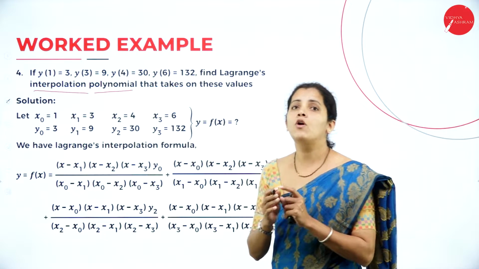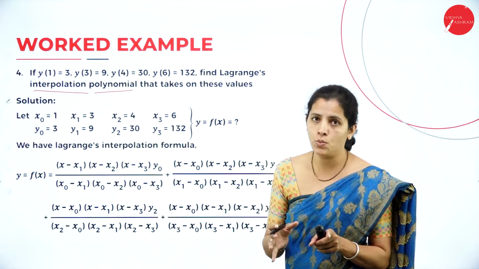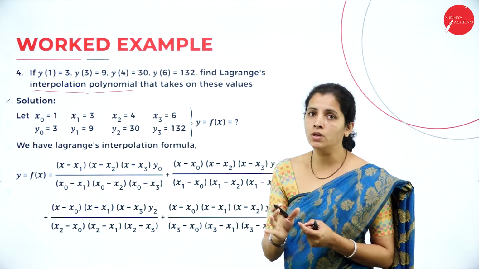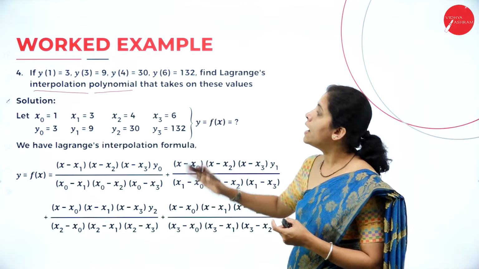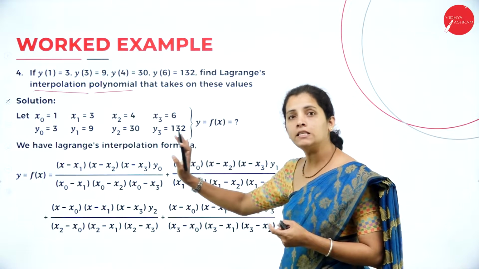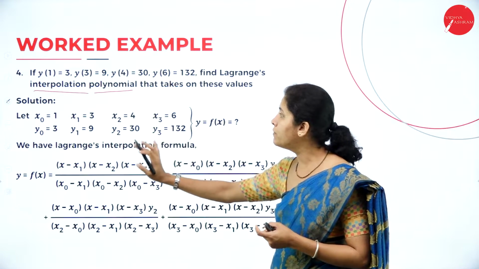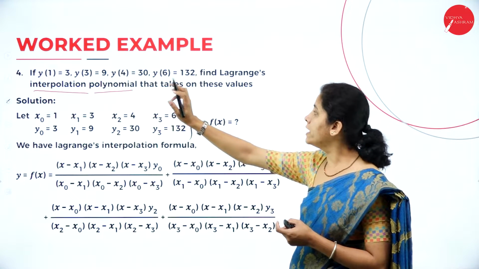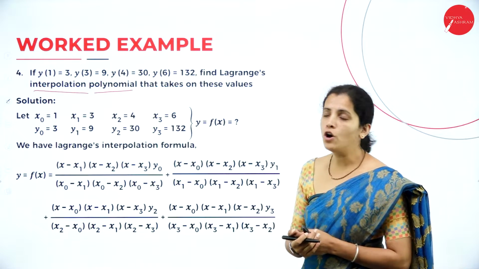So here I am not going to have any x value. If I don't have any x value, then what I want to do? I want to keep x as it is and I want to find the interpolation formula or interpolation polynomial.